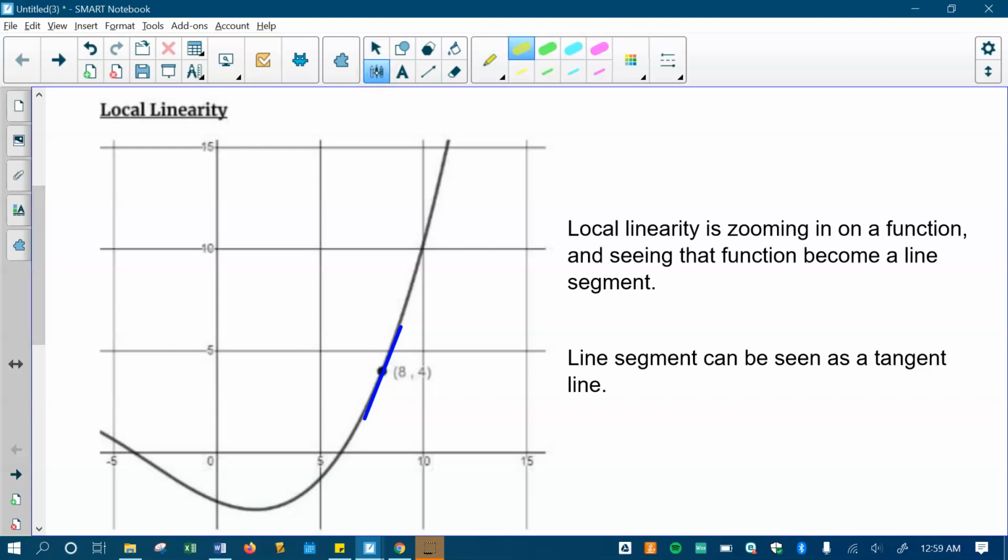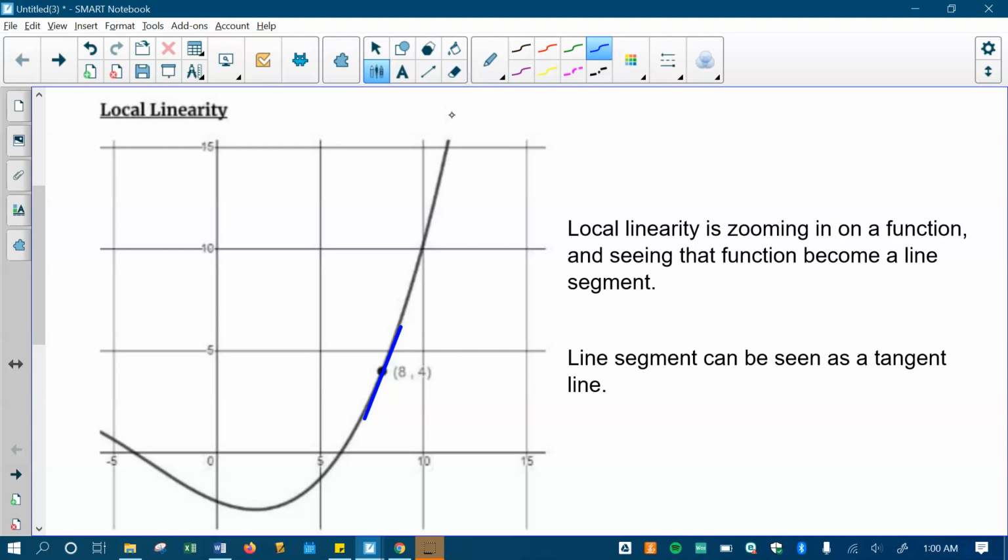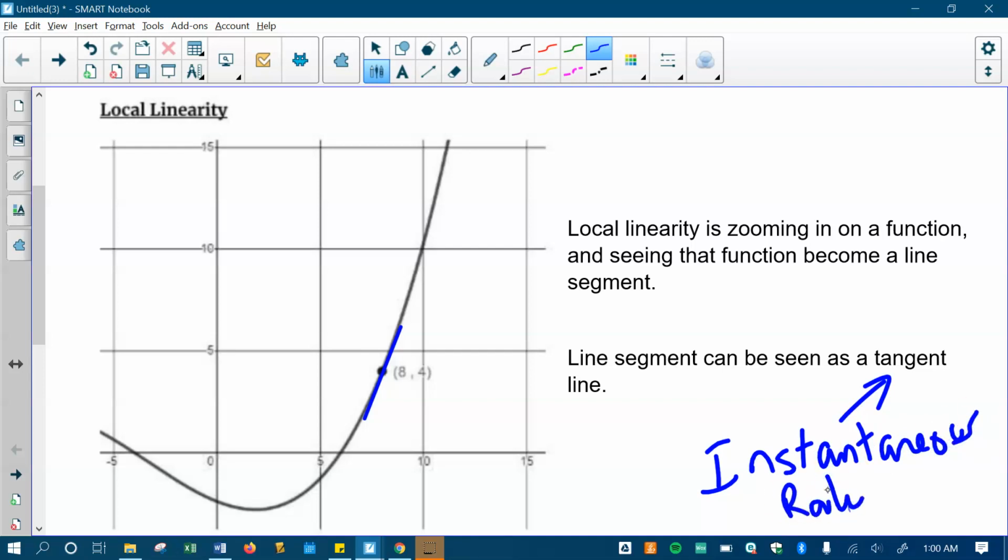So I'll just put instantaneous rate of change. When you zoom in, you can see how much that function is changing for an instant. So this is also called an instantaneous rate of change.